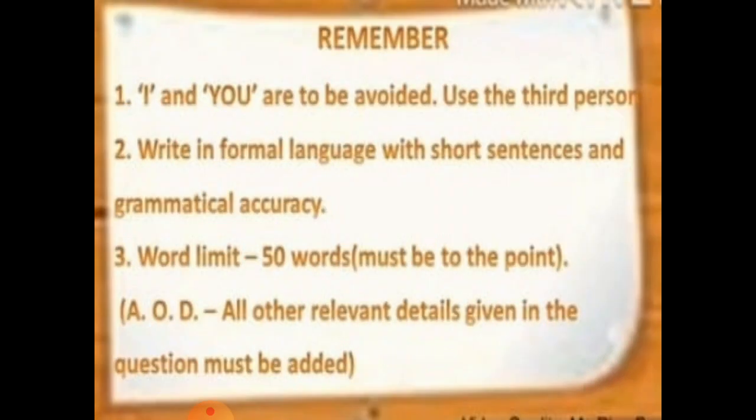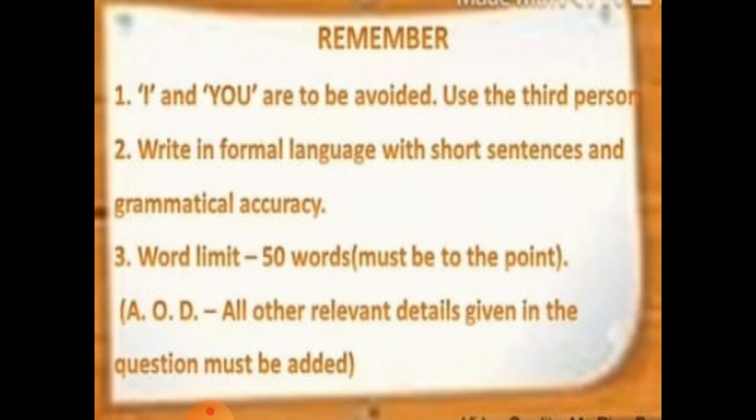Now while we are writing notice, some facts or some things we should keep in our mind. First one, first person and second person, it means I and you both should be avoided. Use the third person.